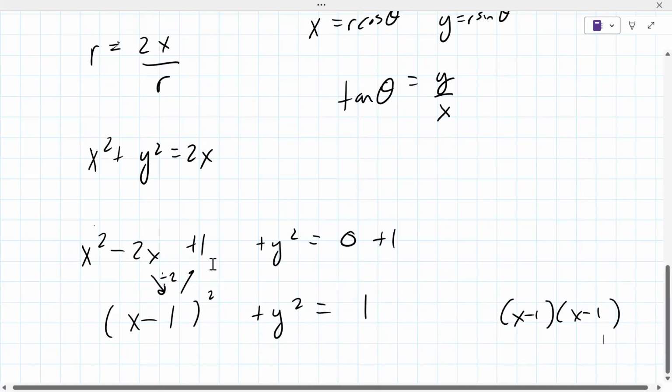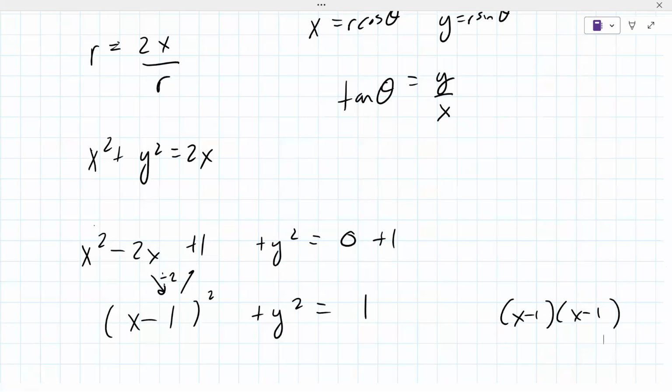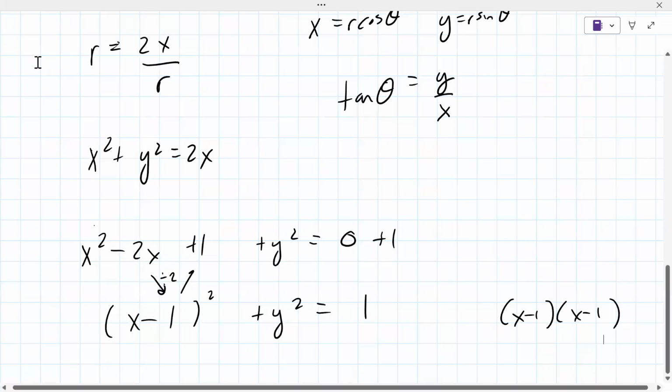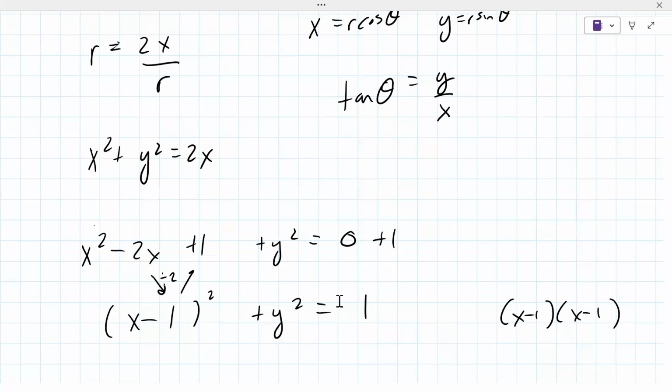Oh, yeah, sorry. And then would I just leave the answer like that, or would I bring the 1 to the other side? It's supposed to be on the right side. Okay.